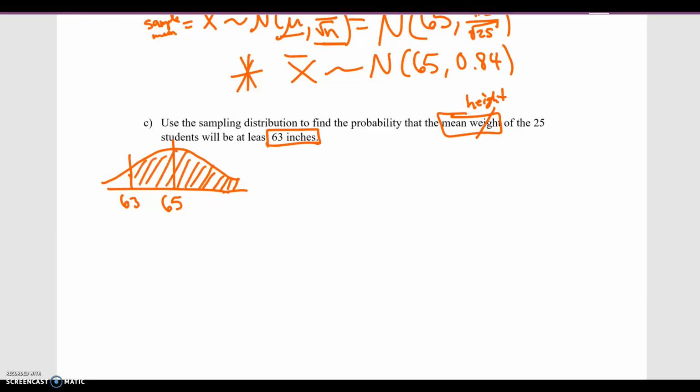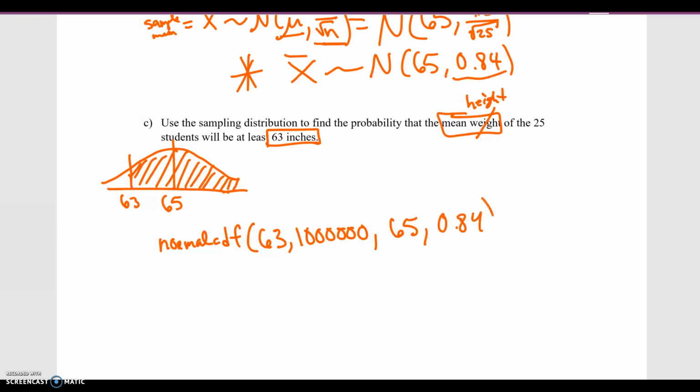So nothing really has changed. It's still normal CDF. My lower bound is still 63, my upper bound is still going to be infinity. My mean is still 65, but my standard error is now going to be 0.84.